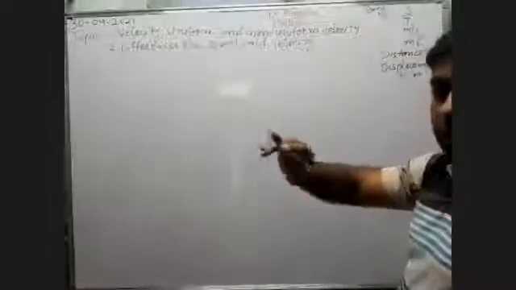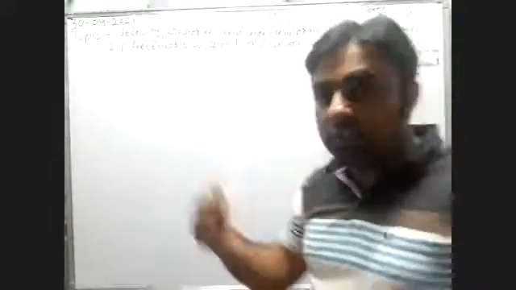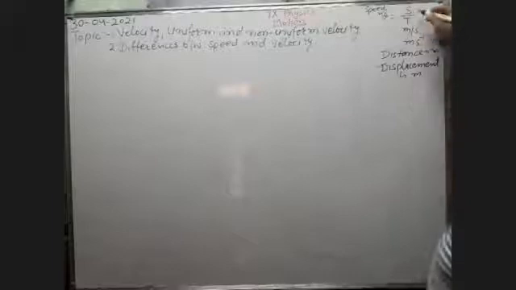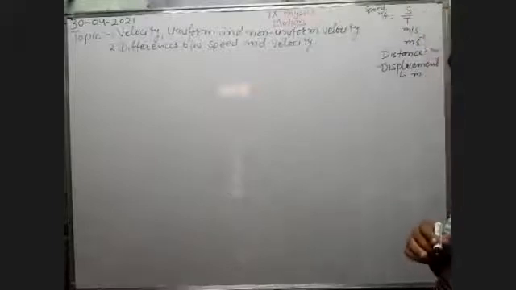We calculate the speed as distance divided by time, and the SI unit of speed is meter per second. We can write meter divided by second or meter second raised to the power minus 1. Both are correct.